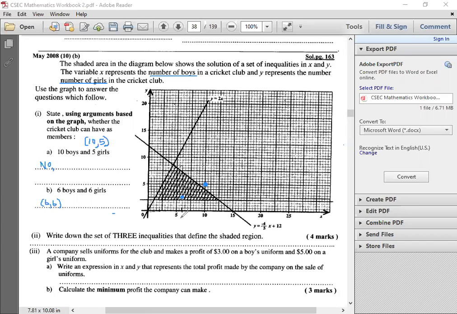And so, yes, the club can have 6 boys and 6 girls. I want it to be higher. I meant the coordinate for the y. No, up here, 6, yeah, true. So 6 will be up here, right here.